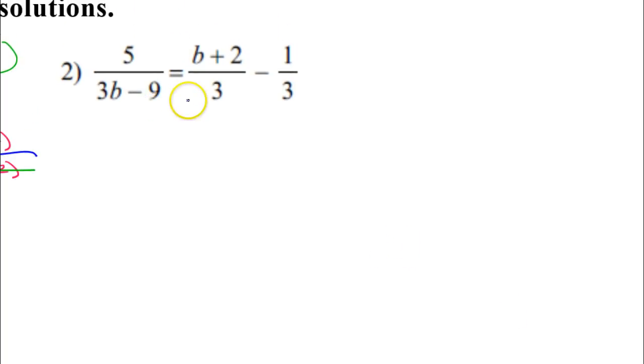Alright, same strategy. We want the denominators to be the same. So I'm going to start by factoring. So I have, if I pull up the GCF, that's 3 times b minus 3.